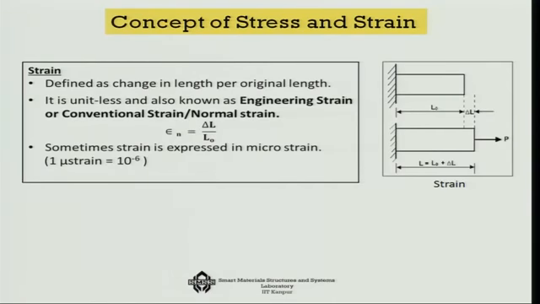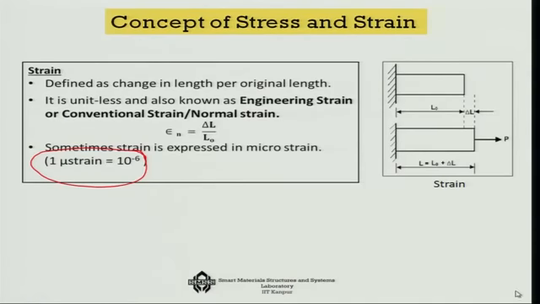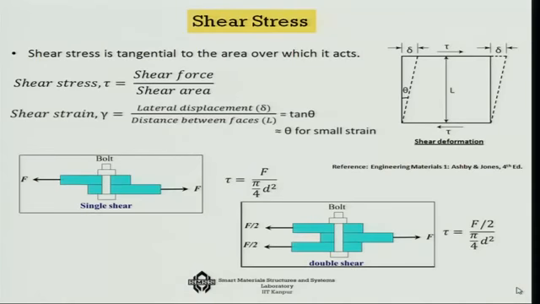This strain is generally very small, so it is measured in terms of 10 to the power minus 6, or micro strain. So, these are the two very basic important points about stress and strain that you need to know.